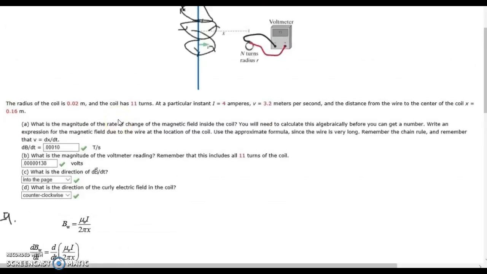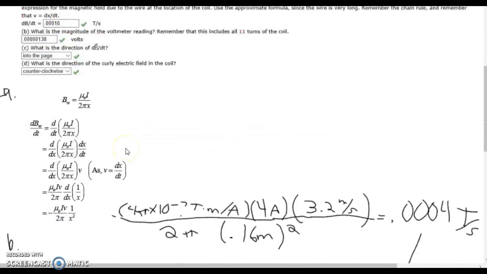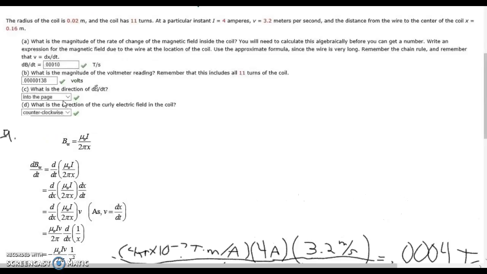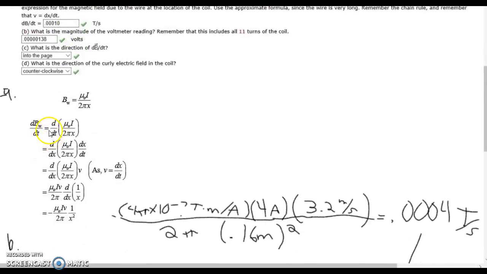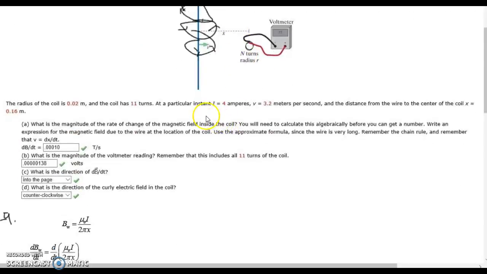So basically, these are the answers, and now I'm going to explain how to do it. So this is the equation that you're going to use and turn into the rate of change of the magnetic field, which is what we're trying to find. We have to take the derivative of it. This is just differentials, and basically it doesn't really make sense because velocity is necessary to induce a current.